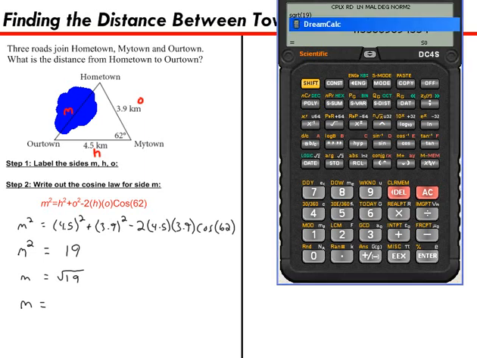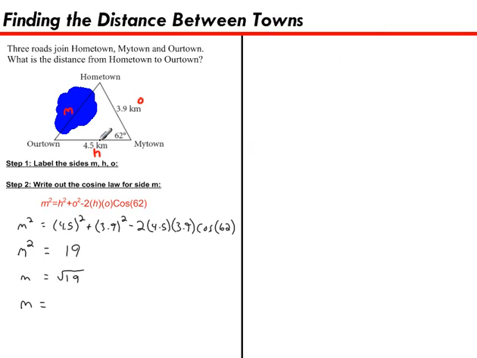That should be good. 1 decimal place, since the other side lengths are given to 1 decimal place as well. So 4.4, and our units for this question are kilometers. And there we go. We found the distance between hometown and our town using the cosine law. Let's add a concluding statement. Finally, my concluding statement says, therefore, the distance from hometown to our town is 4.4 kilometers.